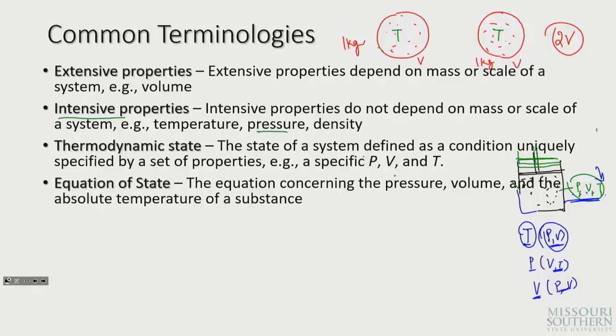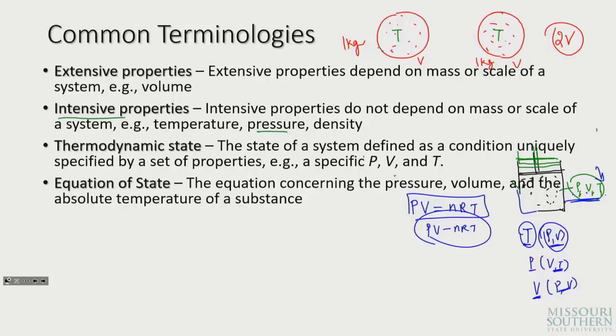You might have seen this equation before: PV is equal to nRT. There is some kind of relationship between the three variables. This is just an example; we can have a different kind of relationship also.